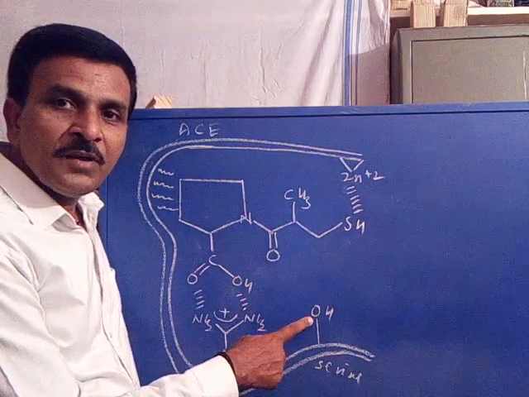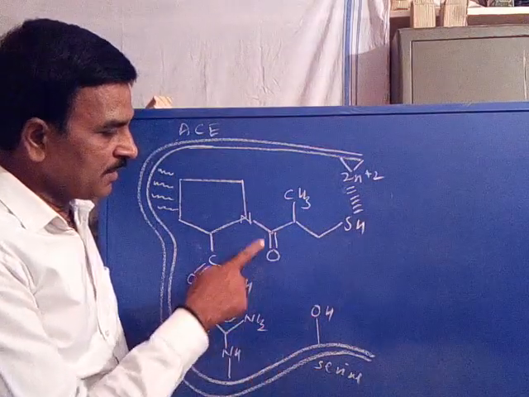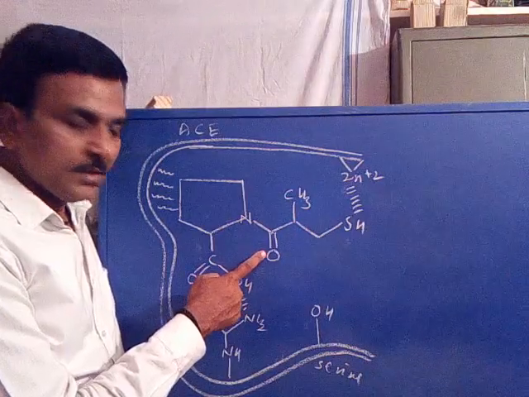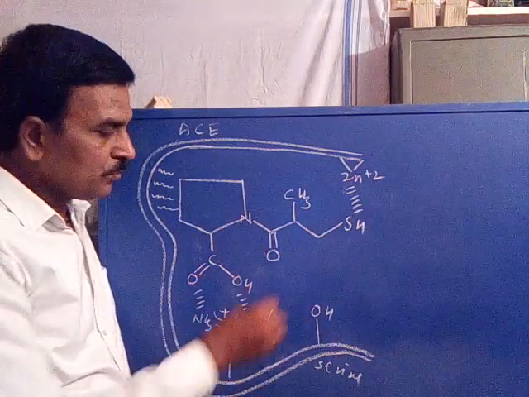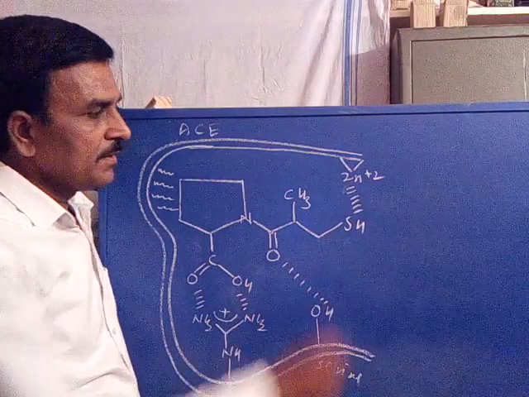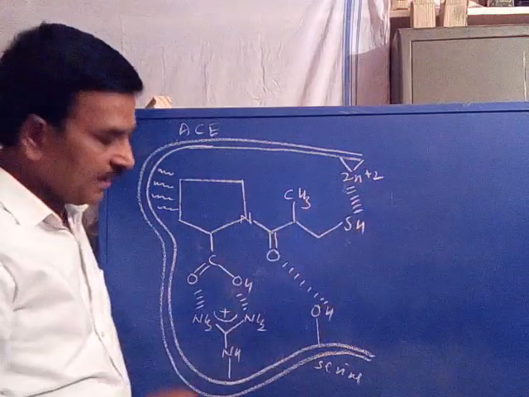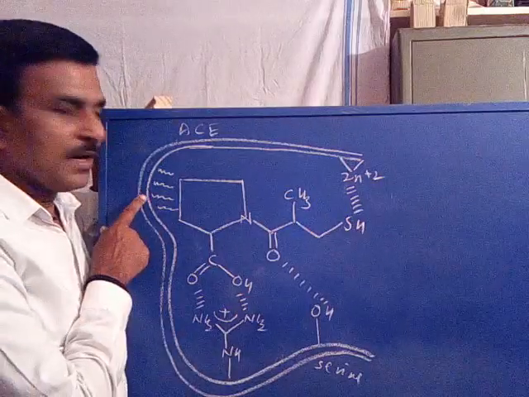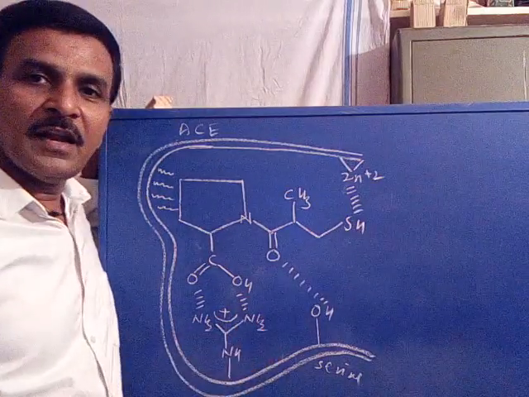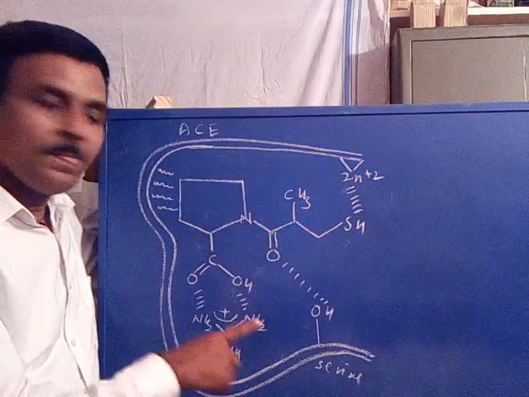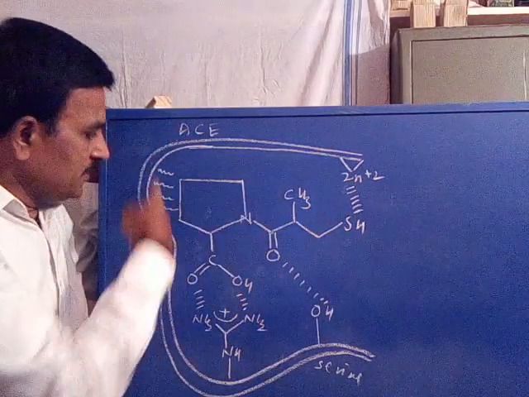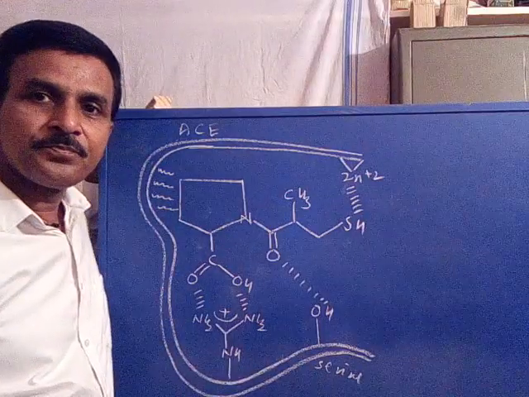Now the OH group is involved. The C=O group of captopril binds with the OH group of the enzyme through hydrogen bonding. This is the ionic interaction, van der Waals interaction, and the hydrogen bonding interaction. In this way, captopril binds with the angiotensin converting enzyme.